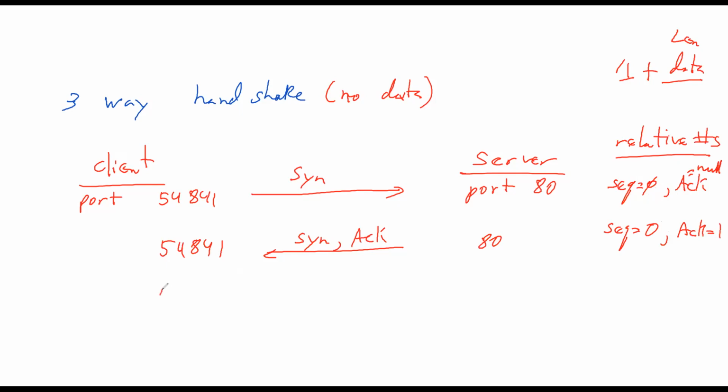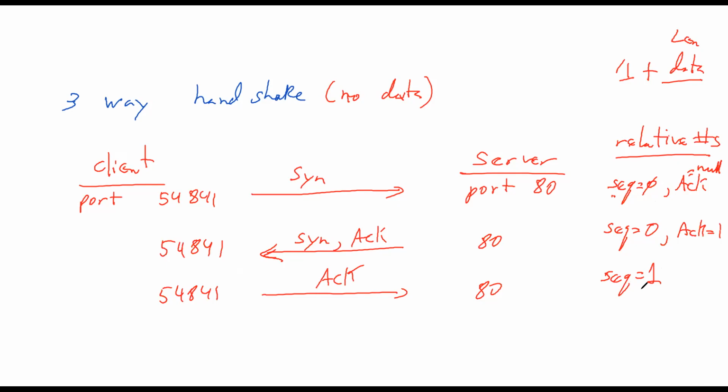And then the client is going to send back the ACK, and that would complete the three-way handshake. This sequence number is going to be sequence 1, the next one.